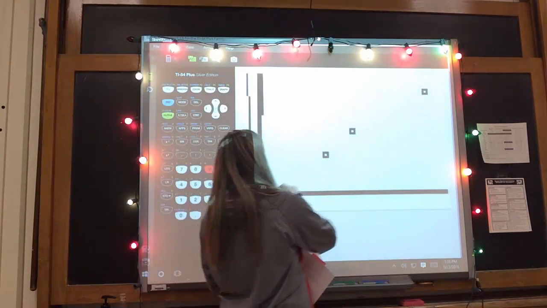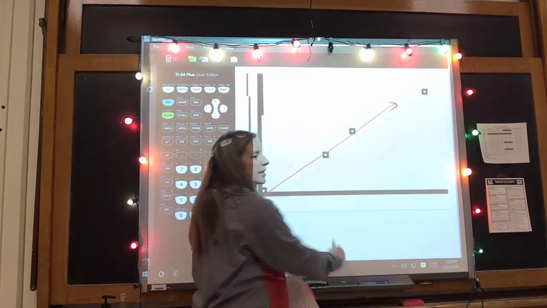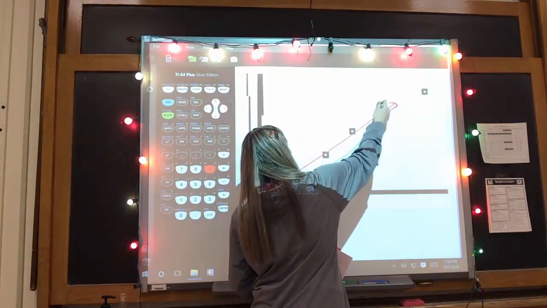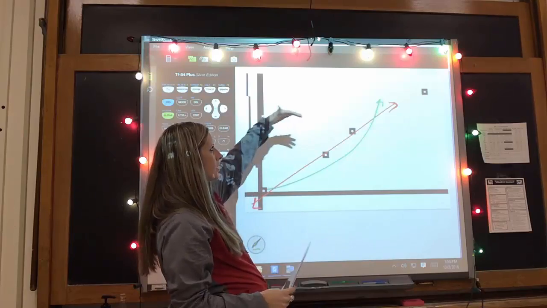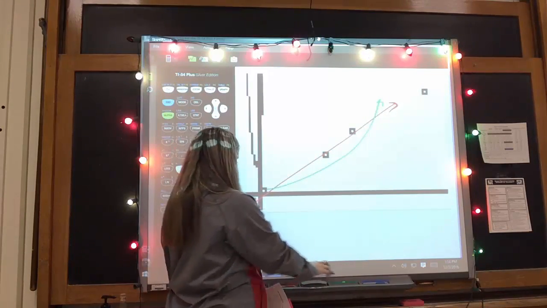So this one's better as a line. If it was quadratic, you would see kind of a curve going on, maybe like this. Okay, or it could be upside down where it comes down, but there's more of a curve for quadratics.